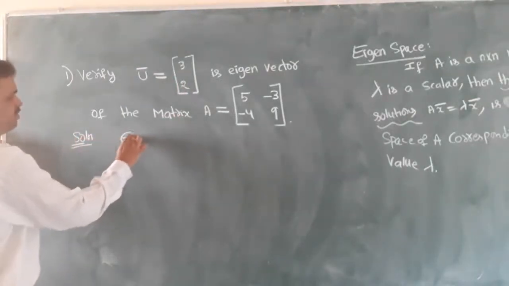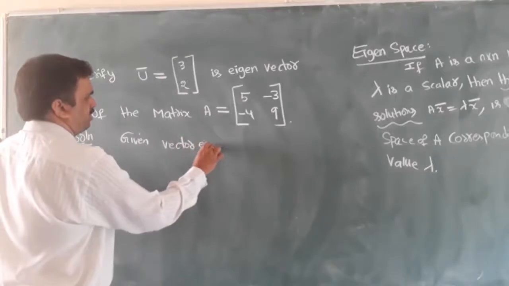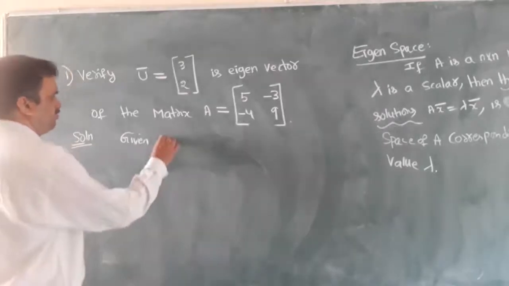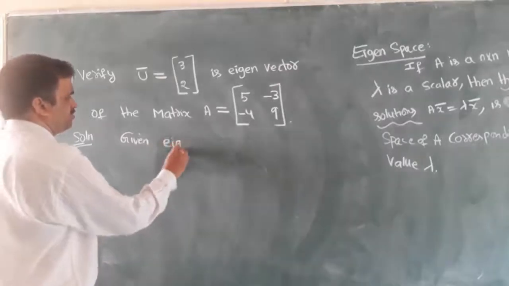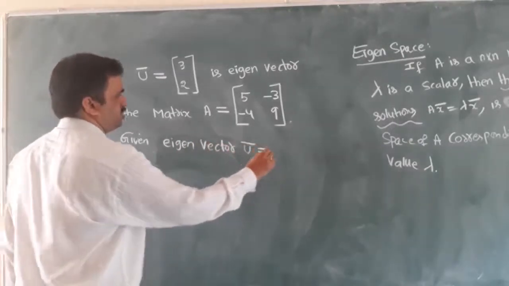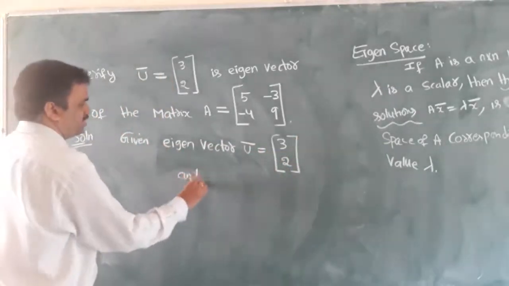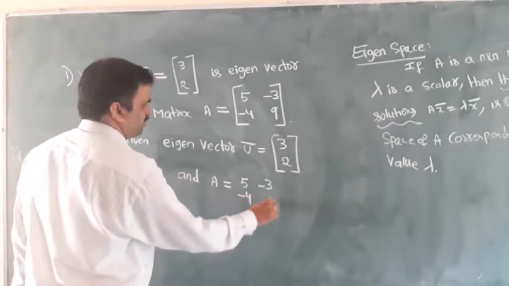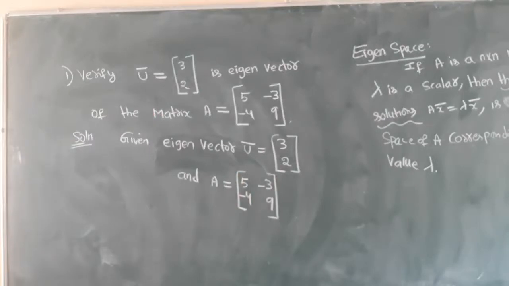Given the vector u bar equal to (3, 2) and matrix A also is given, A equal to [5 -3; -4 9].